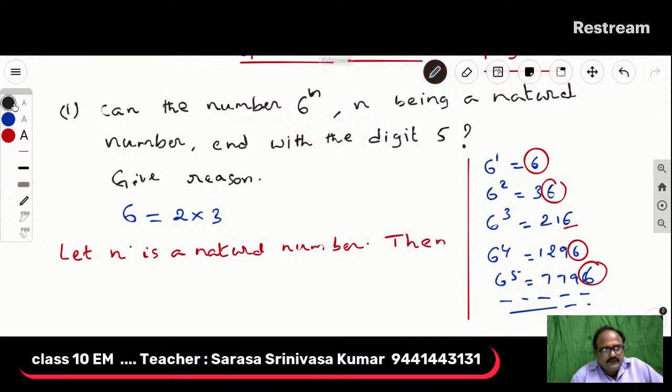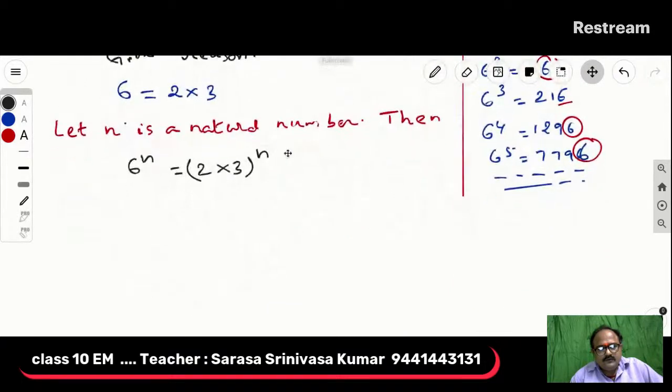Then we can write 6 to the power of n equal to 2 multiplied by 3, whole to the power of n. This can be written as 2 to the power of n multiplied by 3 to the power of n.